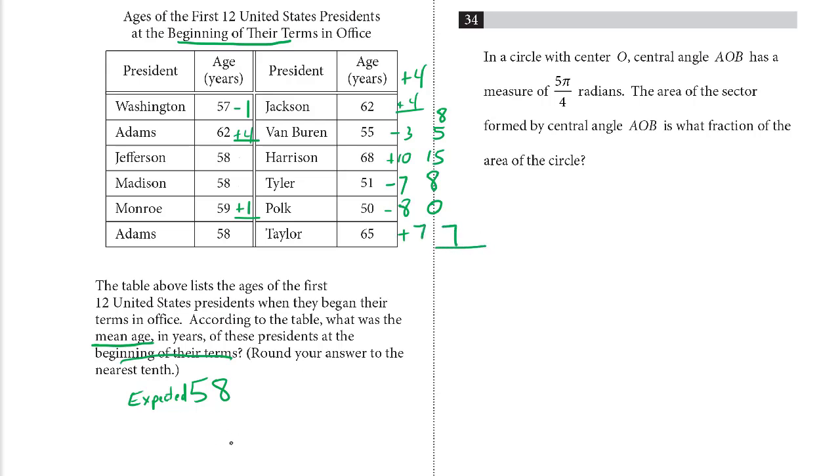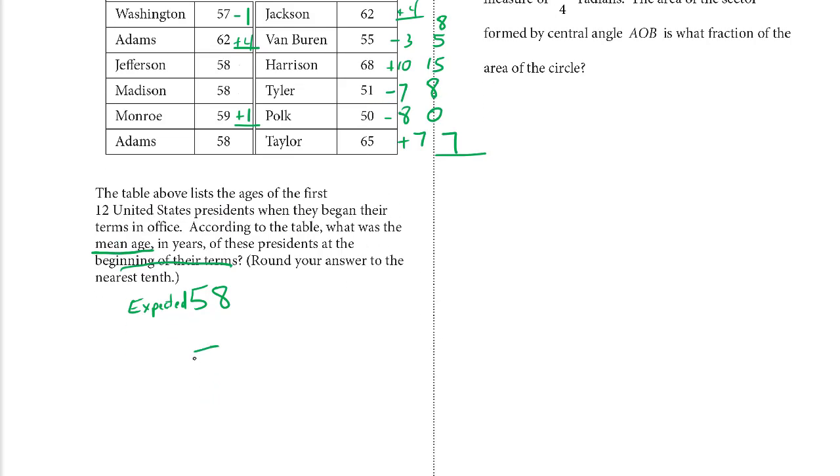The answer should be 58 plus our remainder, 7 divided by 12. The answer is 58 and 7/12.